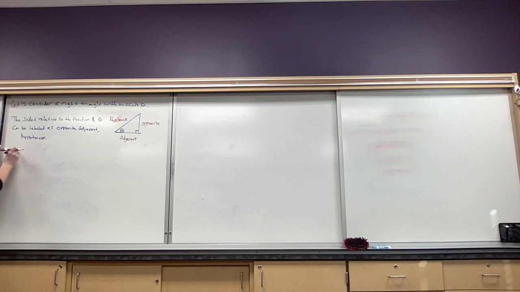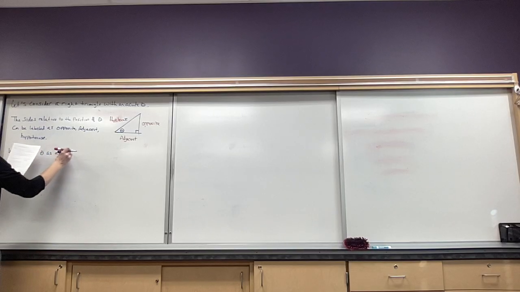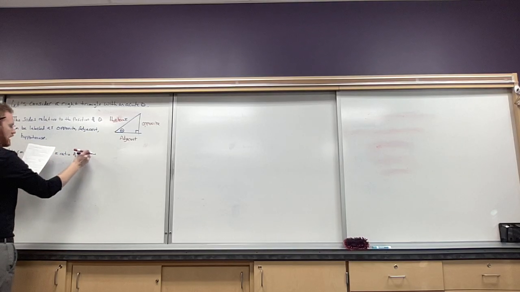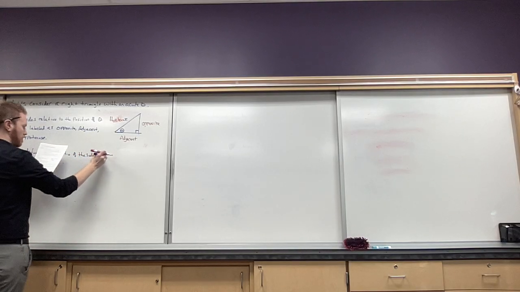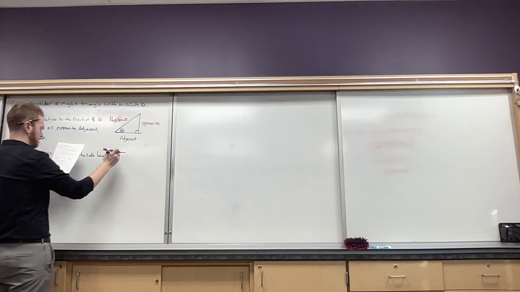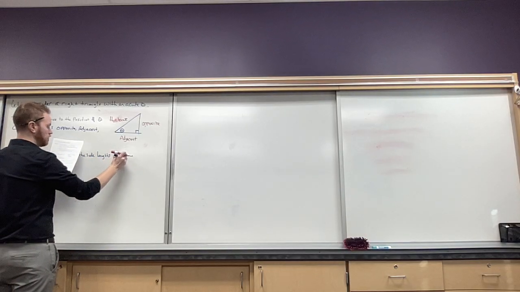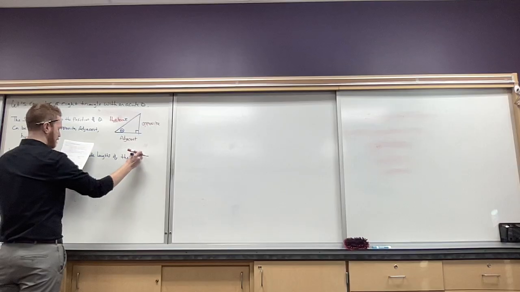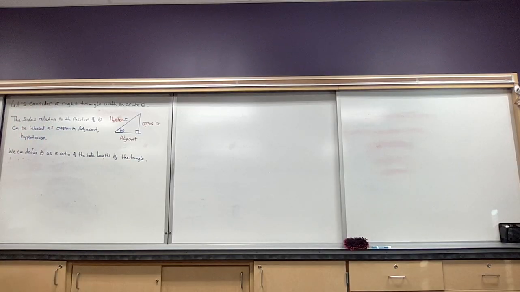All right, so we can define theta as a ratio of the side lengths of the triangle. And again, since we have a lot of ratios, we got to give them some names. And these are the names we're going to use. We're going to use the words sine.